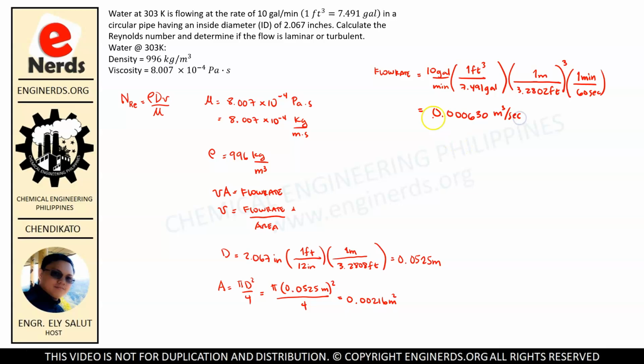Okay, so may value na tayo ng ating flow rate. Kunin na natin yung ating velocity. Our velocity is equal to flow rate divided by area. Okay, so our flow rate is equal to 0.00063 cubic meter per second over our area, which is 0.00216 square meter.